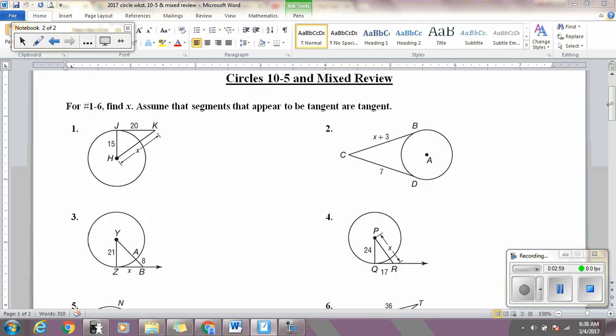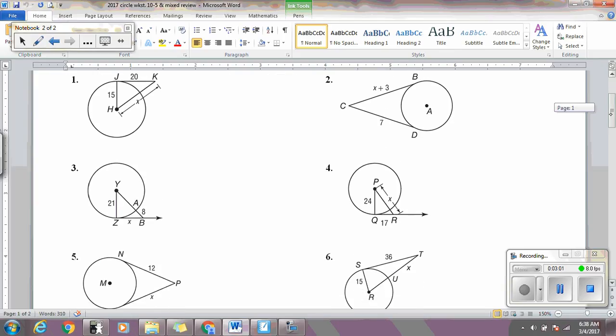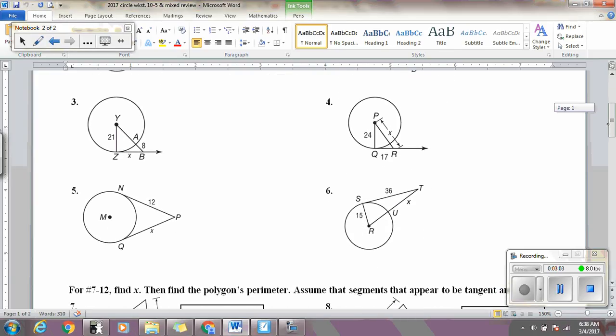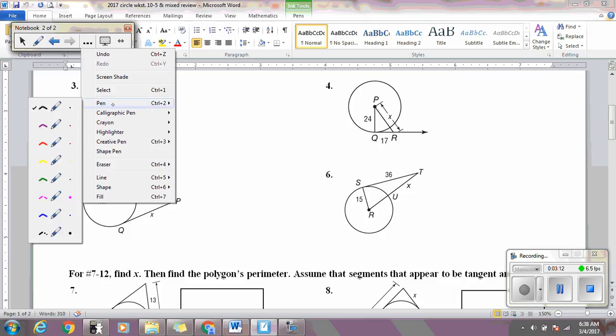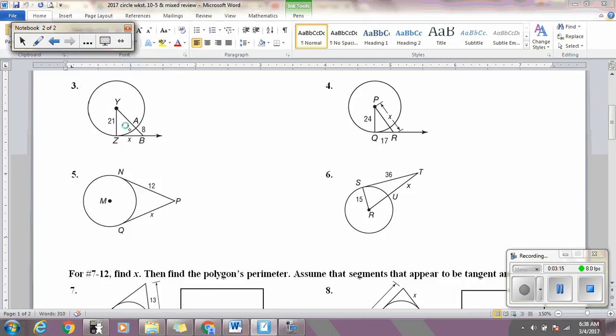Alright, for number 3, it's basically the same scenario. In this case, ZB is tangent to circle Y. So YZ being the radius will intersect ZB, and they're perpendicular, so there's a right angle there. So the distance from Y to B is not completely shown, and that's your hypotenuse.